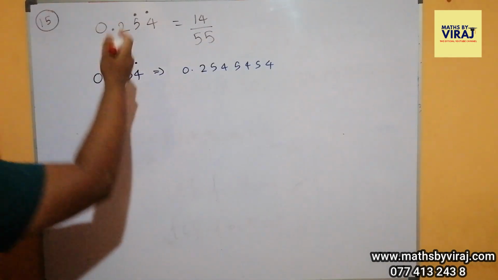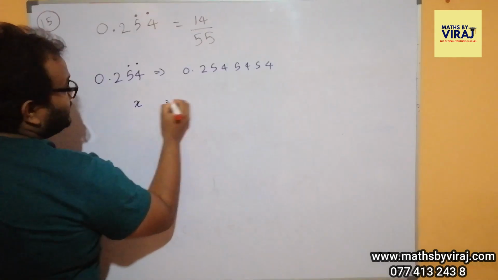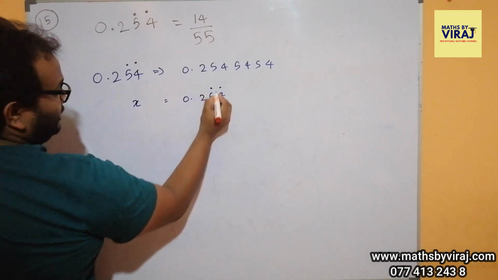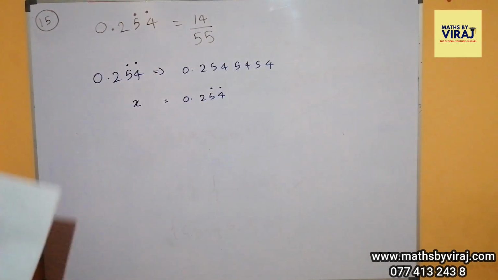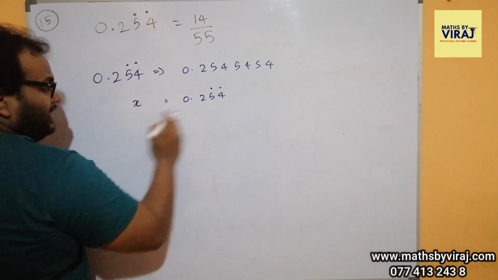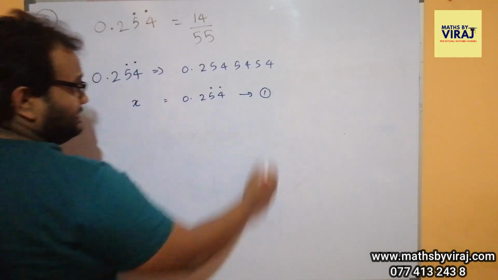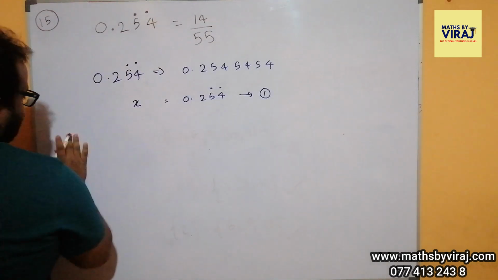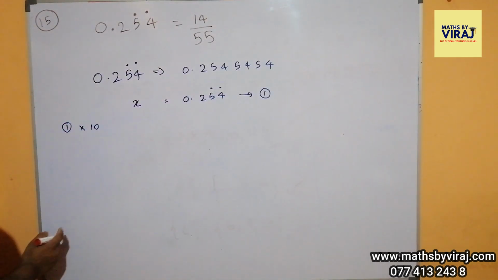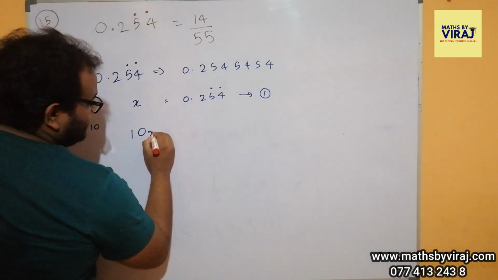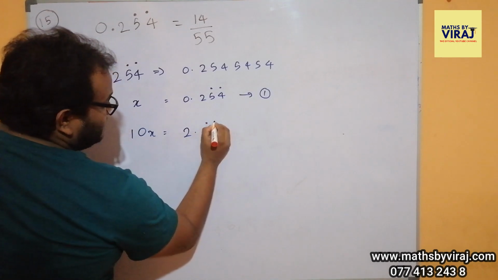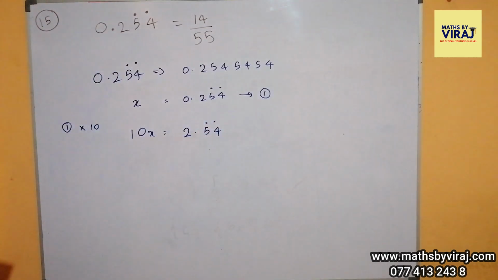So let's assume this whole number 0.254 recurring to be x. Let this be my equation number 1. If I multiply equation number 1 by 10, I get 10x is equal to 2.54 recurring.